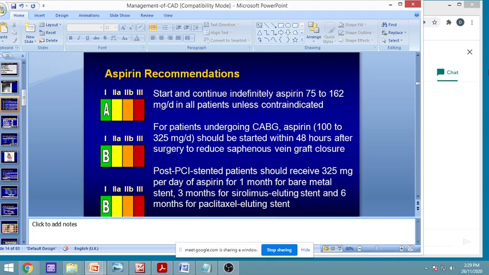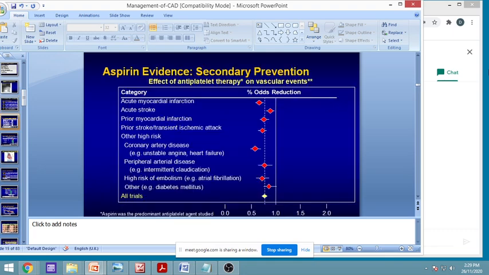So for that, aspirin is given for some time, 1 month, 3 months, 6 months, depending on the type of stent, and accordingly stents are used which release the drug in that area, and because of the release of drug in that particular area, this will not allow the restenosis. So this is why we are using sirolimus eluting stent or paclitaxel eluting stent.